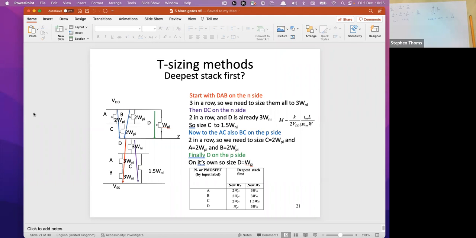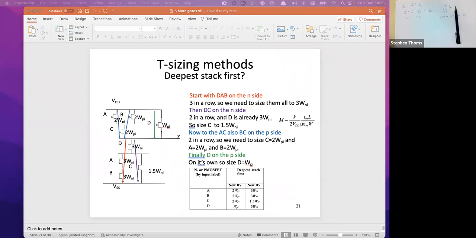Elmore delay. So question 1A 2021. Let me try and find that question. Hold on. 2021.